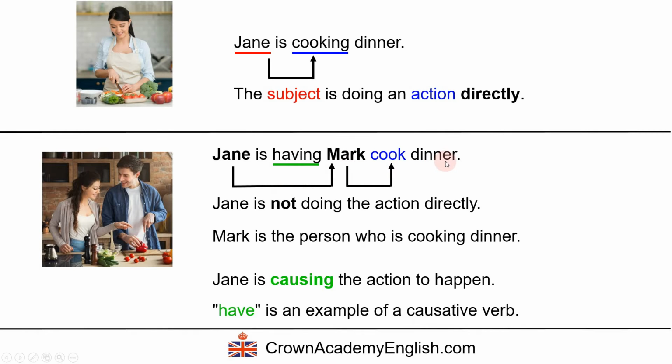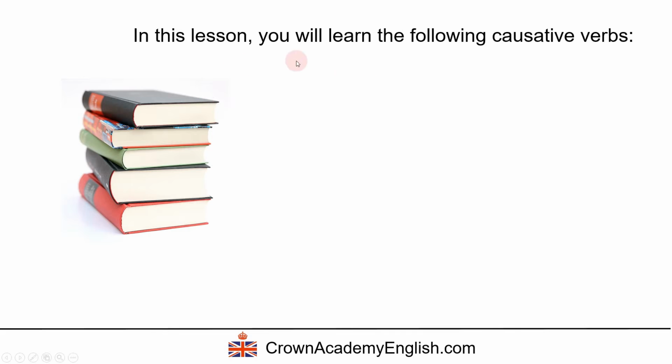Mark is cooking dinner and Jane is asking Mark to cook dinner. So, in this lesson, you will learn the following causative verbs: have, get, make, and let. So let's continue and we'll look at have in more detail.